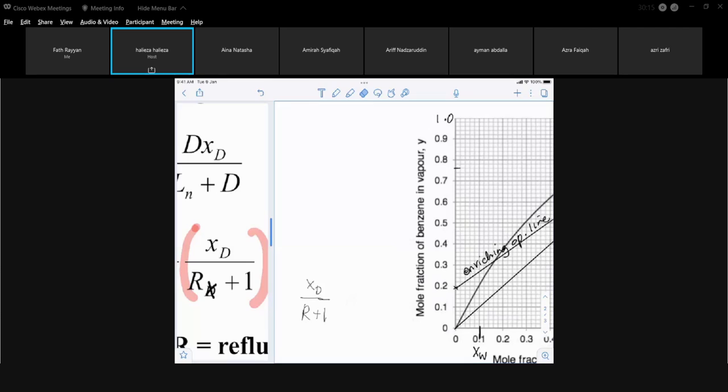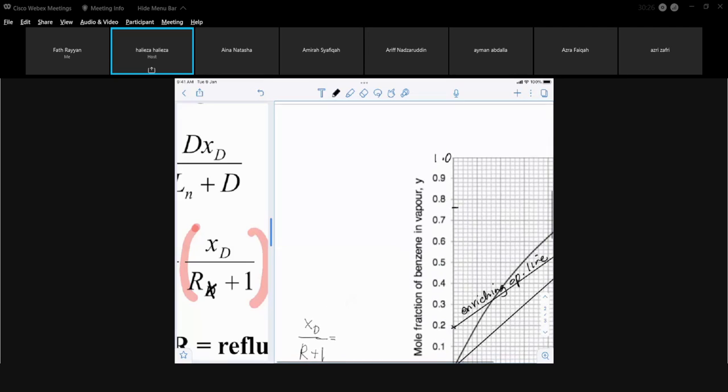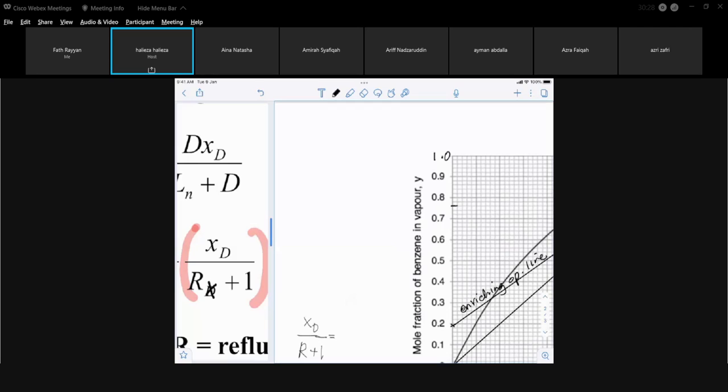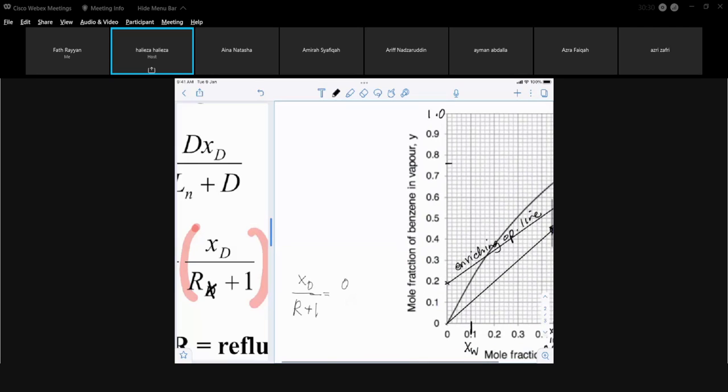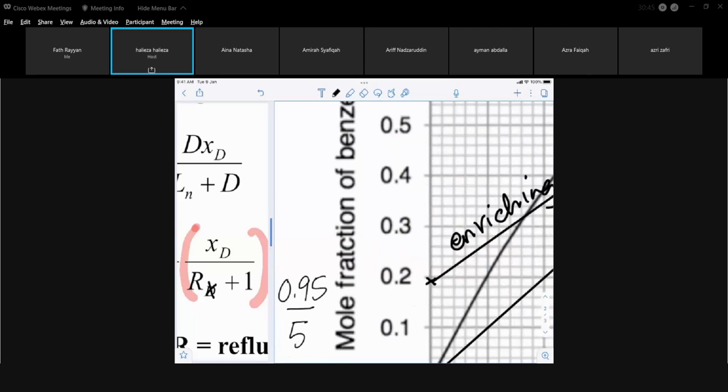All I have to do is plug in the values: the mole fraction of the distillate is 0.95, that's given. My reflux ratio is 4 plus 1. That gives me 0.95 divided by 5, which happens to be 0.19. That is that value there, 0.19.